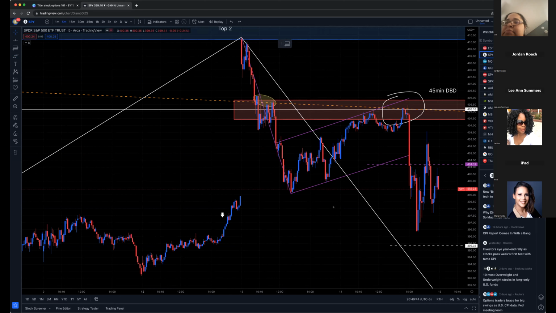SPY follows ES and QQQ follows NQ, and that's why the gaps appear. Always remember in the back of your mind, write this down, the market typically closes gaps by either coming up or down to fill them. That's the main takeaway for now.